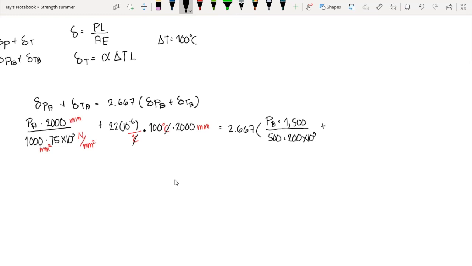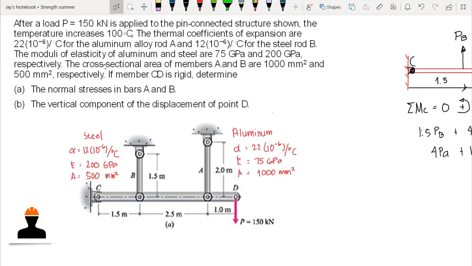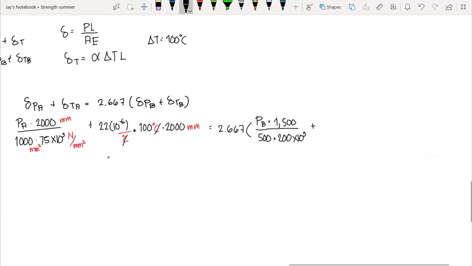We have the coefficient of thermal expansion of our bar B, for the steel, that is 12 times 10 raised to negative 6 per degree Celsius, times the change in temperature, that is 100 degrees Celsius, times the length, that is 1,500.